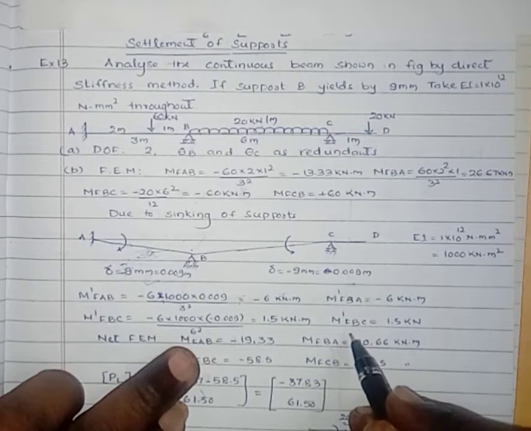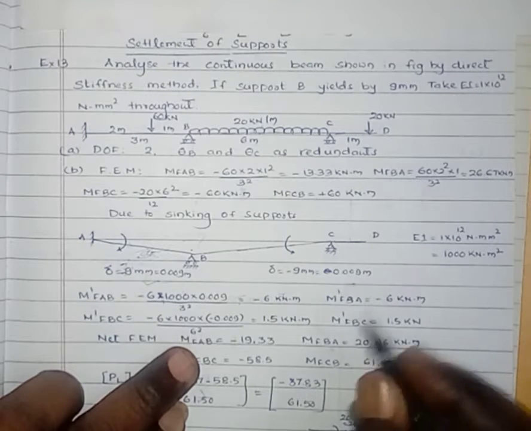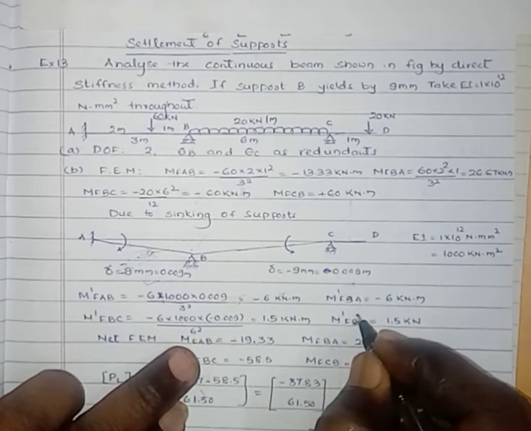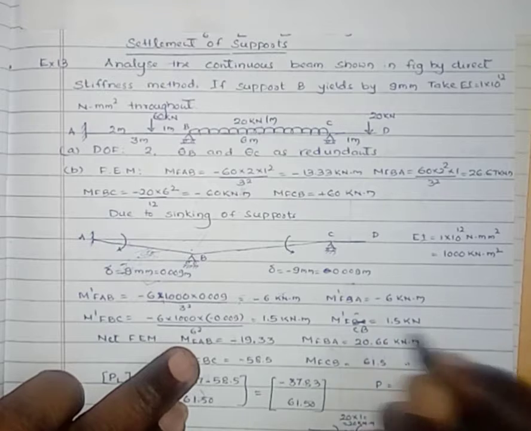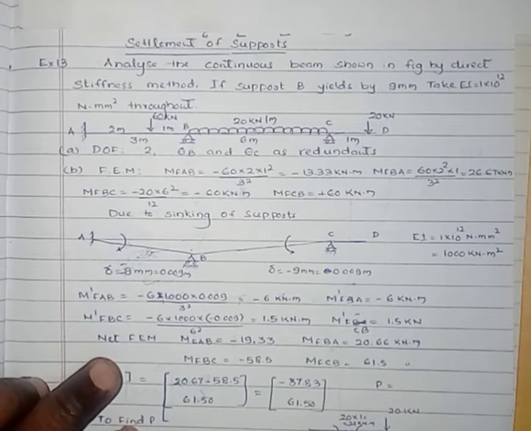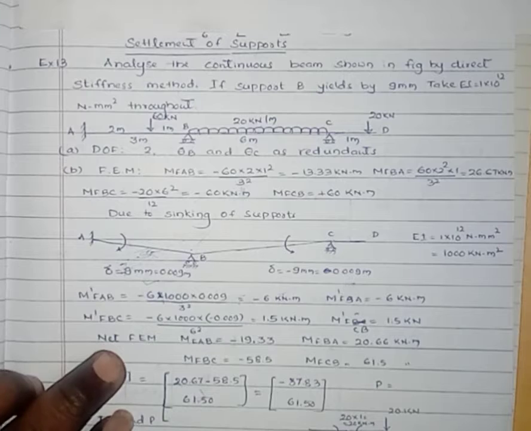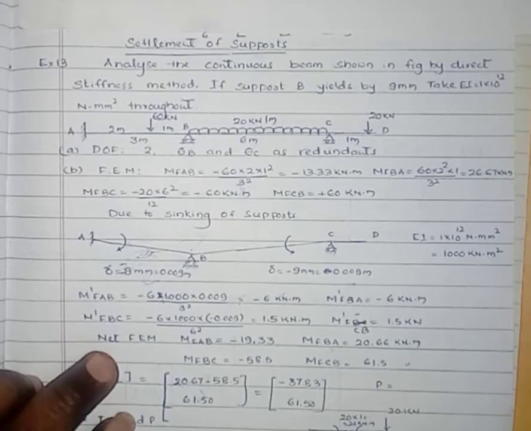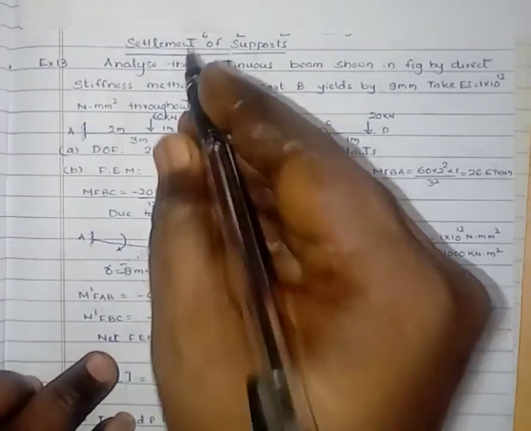Similarly from the other end, M dash FCB is again 1.5 kilonewton meter. Now we have to get the vector of the load at coordinates 1 and 2.